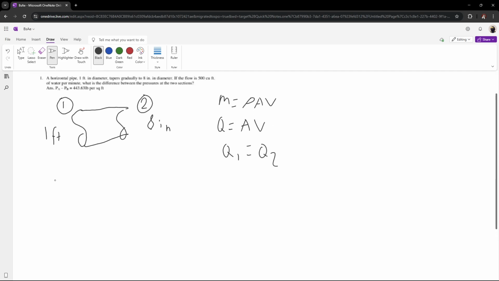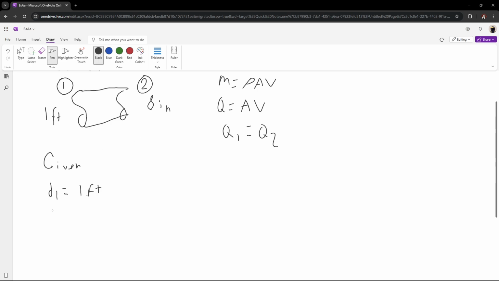And from the given, we have diameter 1, which is equal to 1 foot, and diameter 2, which is 8 inches. However, knowing that 1 foot is equal to 12 inches, this is 2 by 3 foot.